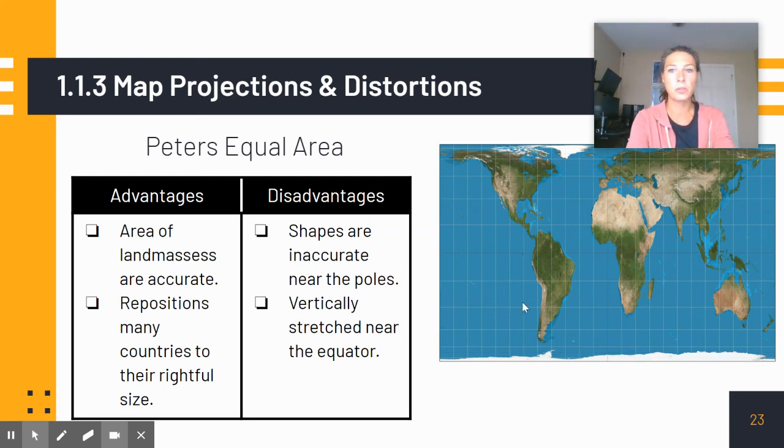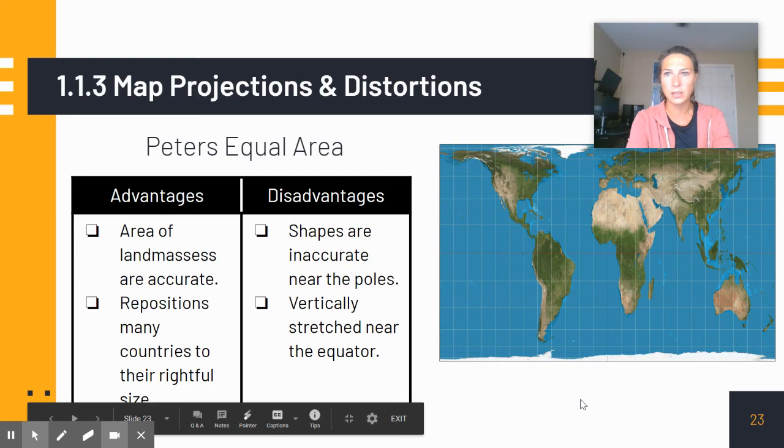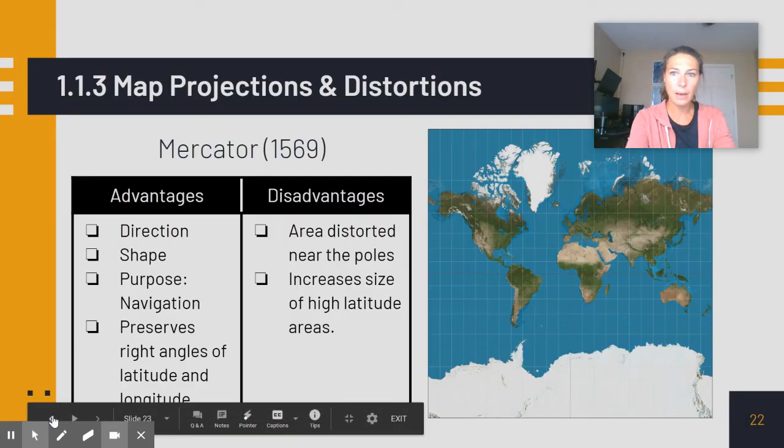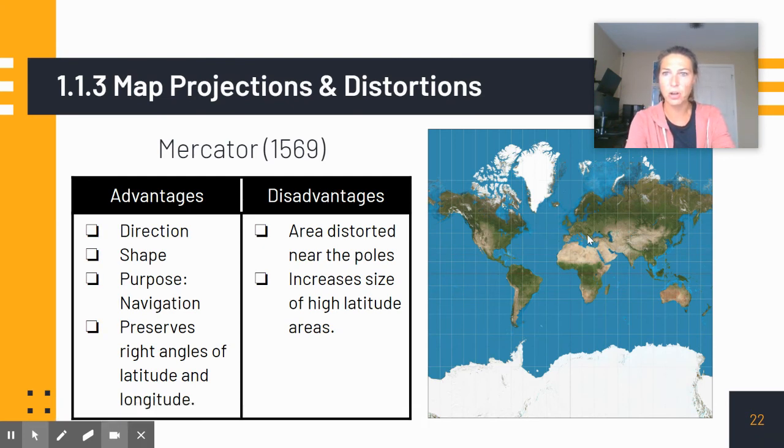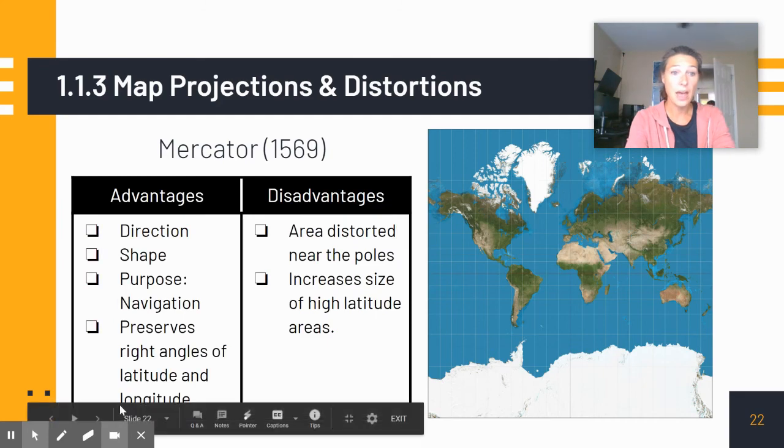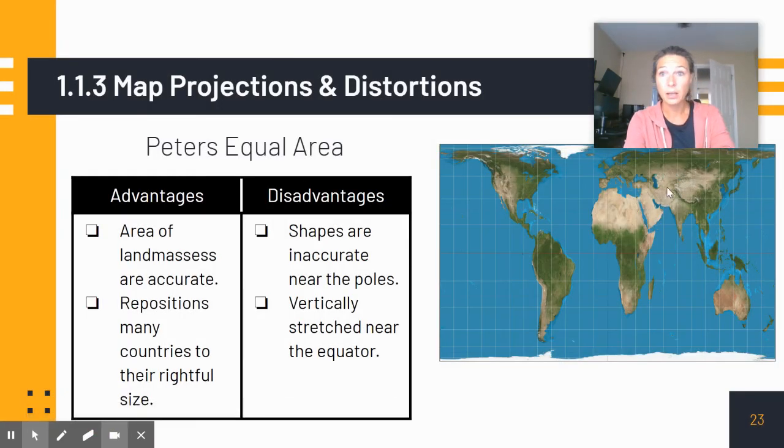This map was designed to reposition the continents where they're actually at. If you look at this map, it really makes Europe the center of the universe, right? But if you look at this map, Europe is way in the northern hemisphere. It's not really the most important place in the world.